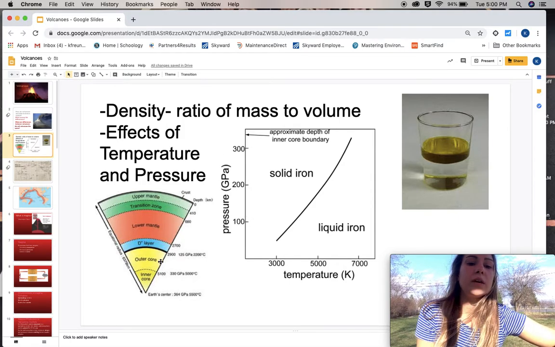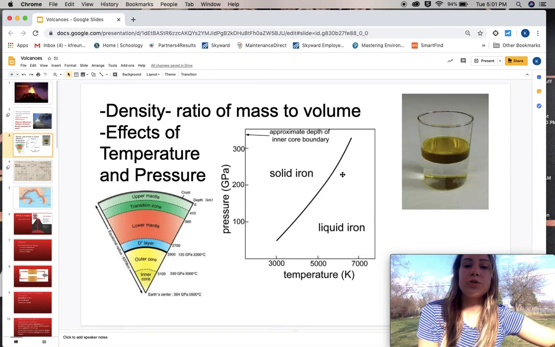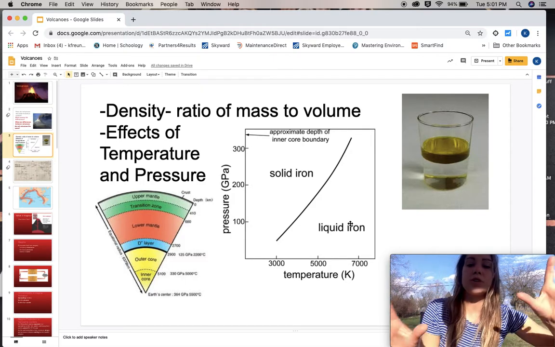And as we move out, like in our upper mantle, that is in the asthenosphere, that is a liquid, because we have less pressure. So the less pressure we have, even though it's relatively hot still, we're going to be in a liquid form. And that liquid allows our plates to move.